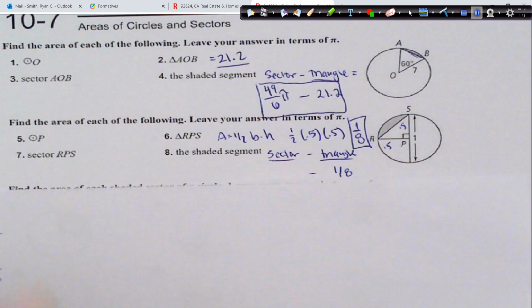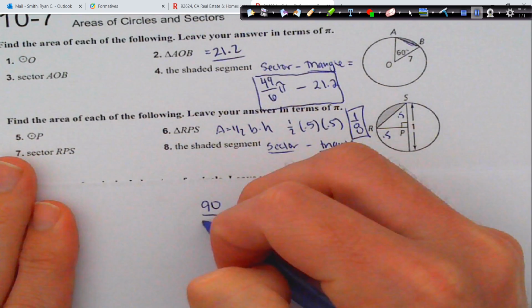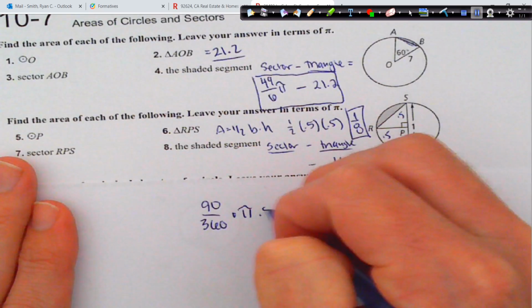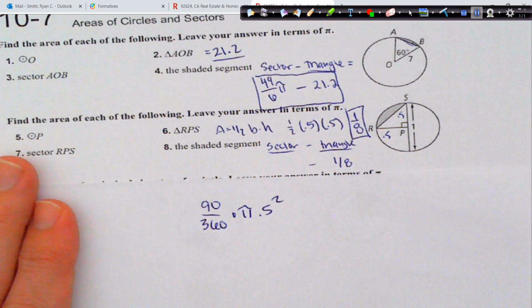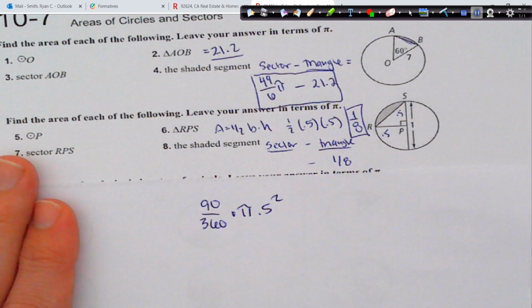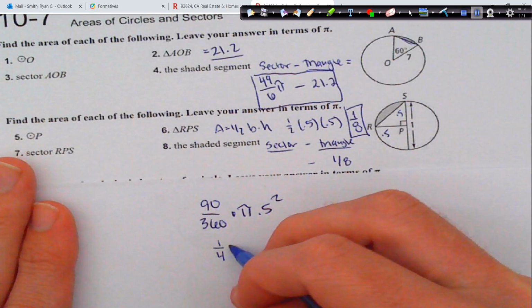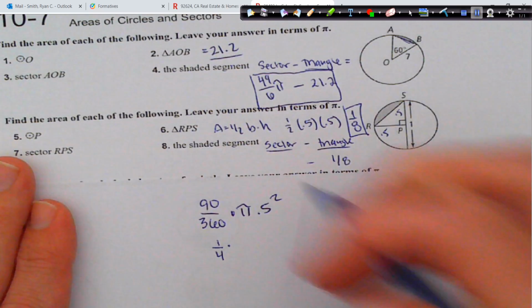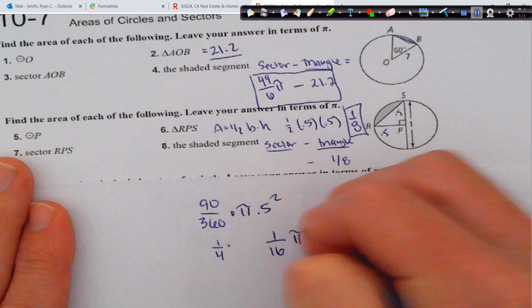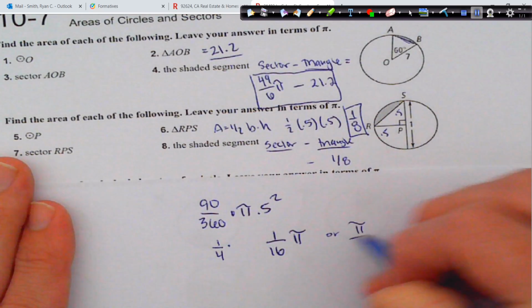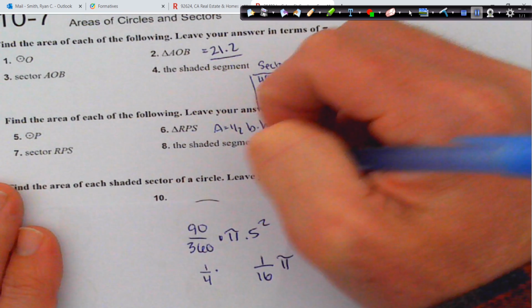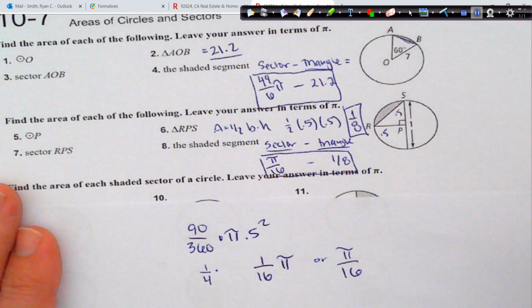Again, to find the sector, we're going to do 90 over 360 times pi times 0.5 squared, and so 90 over 360 is 1/4, and 0.5 squared is 1/4, and 1/4 times 1/4 is 1/16, so you get 1/16 pi, or you could write it like that, which is fine, and that would be your answer in terms of pi right there.